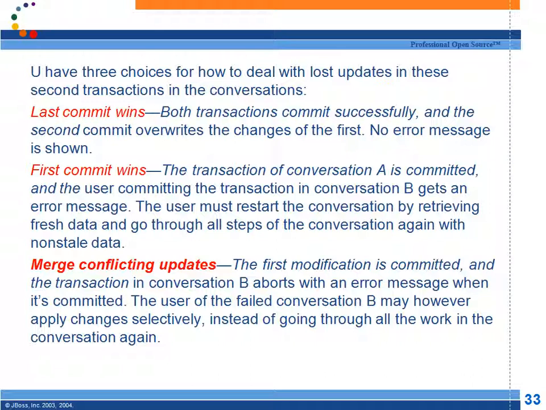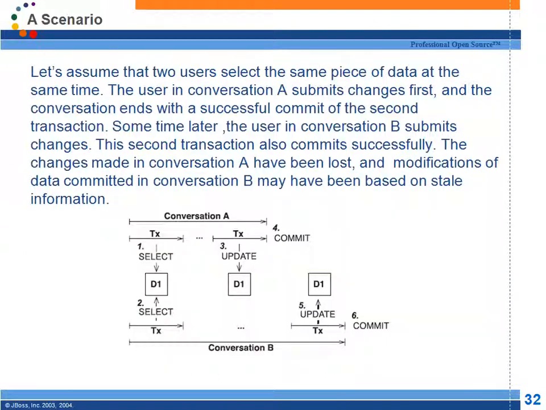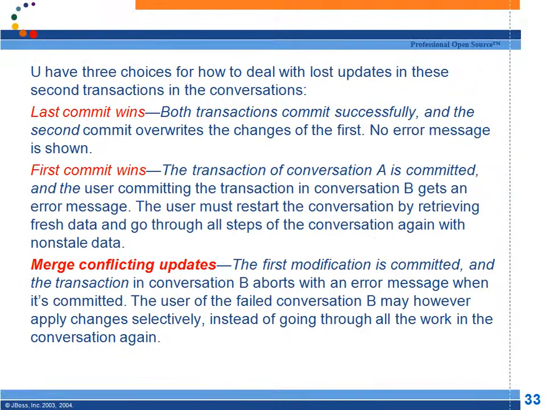Last commit wins. If last commit wins, whatever changes were made by conversation A will be lost and whatever changes were made in conversation B will be present. That is not good. The other strategy is first commit wins. The transaction of conversation A is committed and the user committing the transaction in conversation B gets an error message.